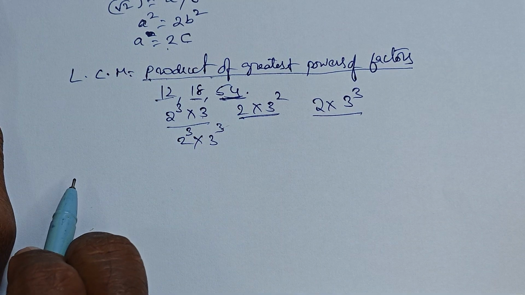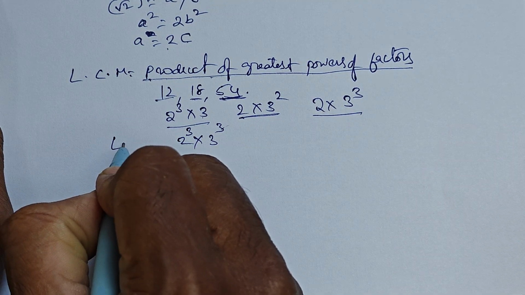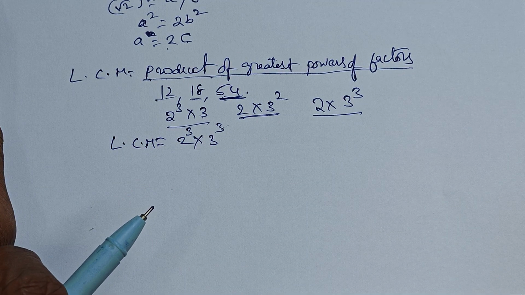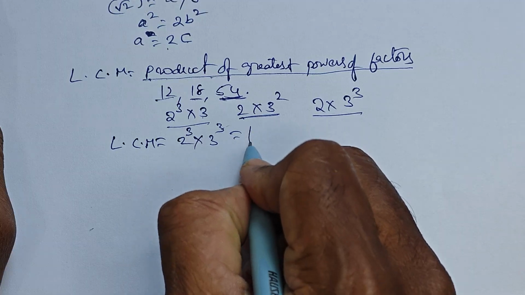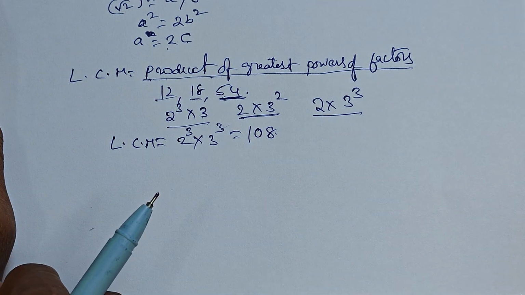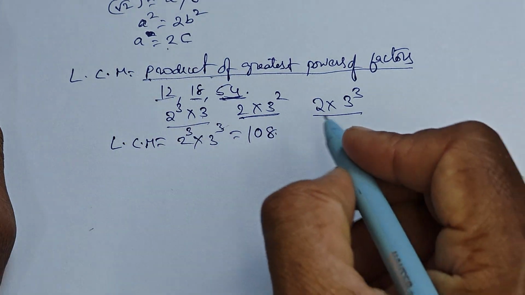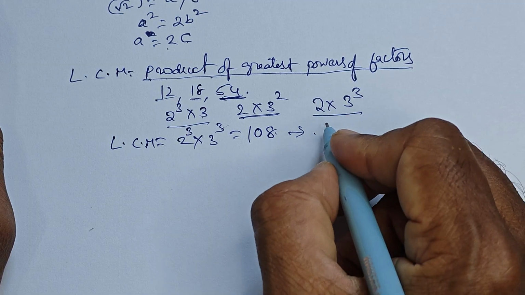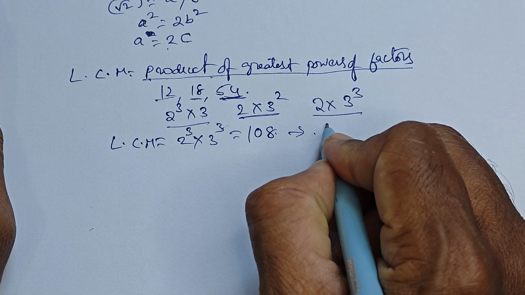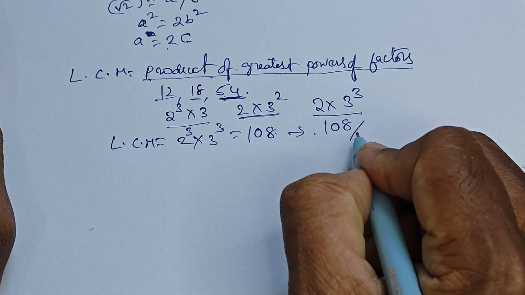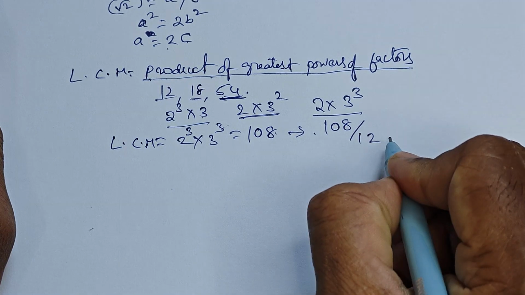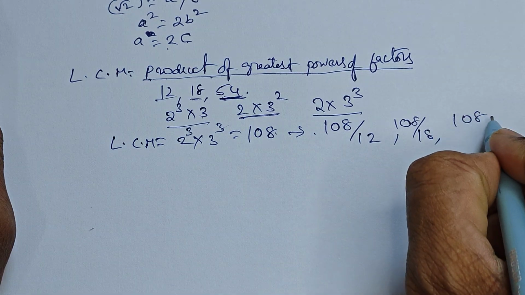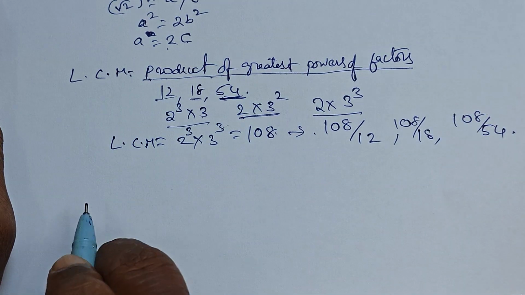So the LCM of these three is 2 cube into 3 cube, that means 108. And if you recall the tip, the LCM can be divided by all the given numbers individually. Like 108 can be divided by 12, by 18, and by 54.